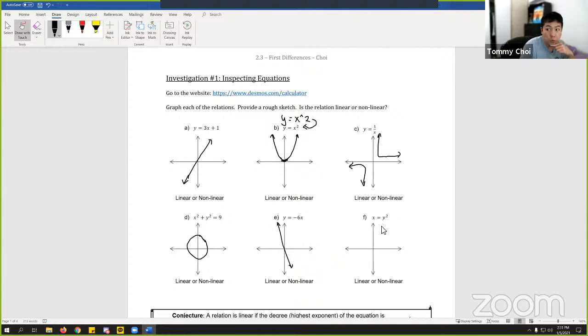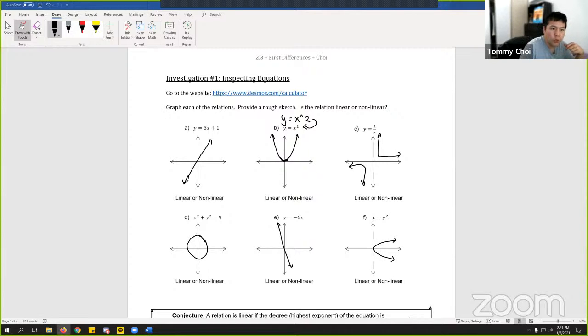And x equals y squared, this is an interesting one, right? It's weird because y is the one that's squared in comparison to x. This is a slightly interesting one, but hopefully when you graphed it, you got the right answer. You should have gotten something that looks like this.